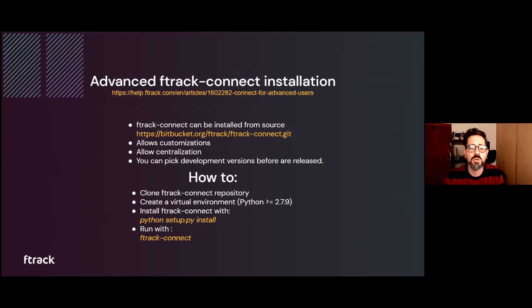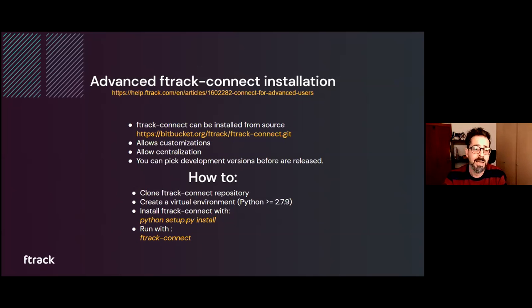Accessing the ftrack-connect source lets you provide any customization that you want without the need to repackage it. So you can clone it, customize it, install it, and people can use it. And of course, you can have a sort of continuous integration and deployment where you keep on modifying and installing it into the central location, and people will pick up the latest and greatest.